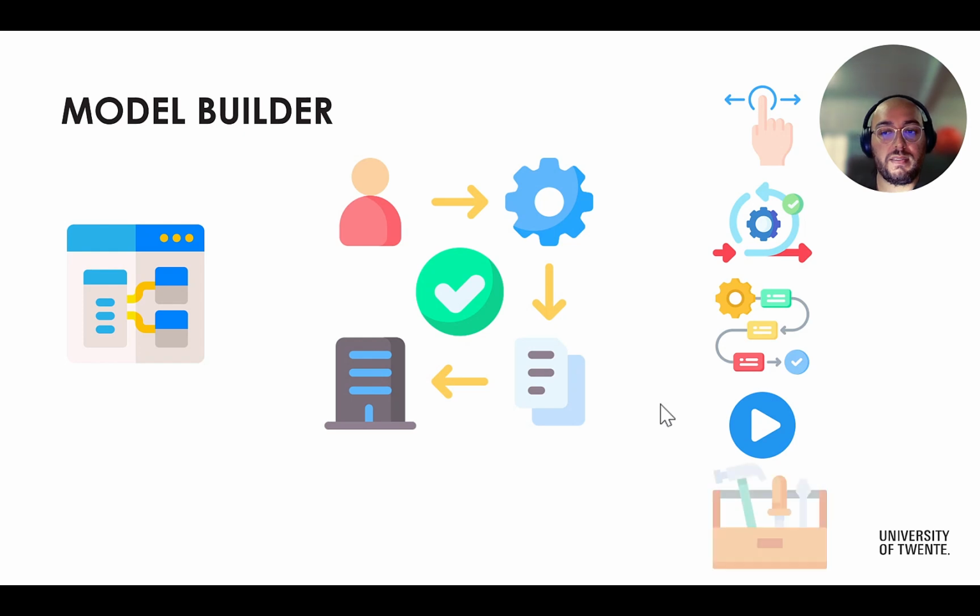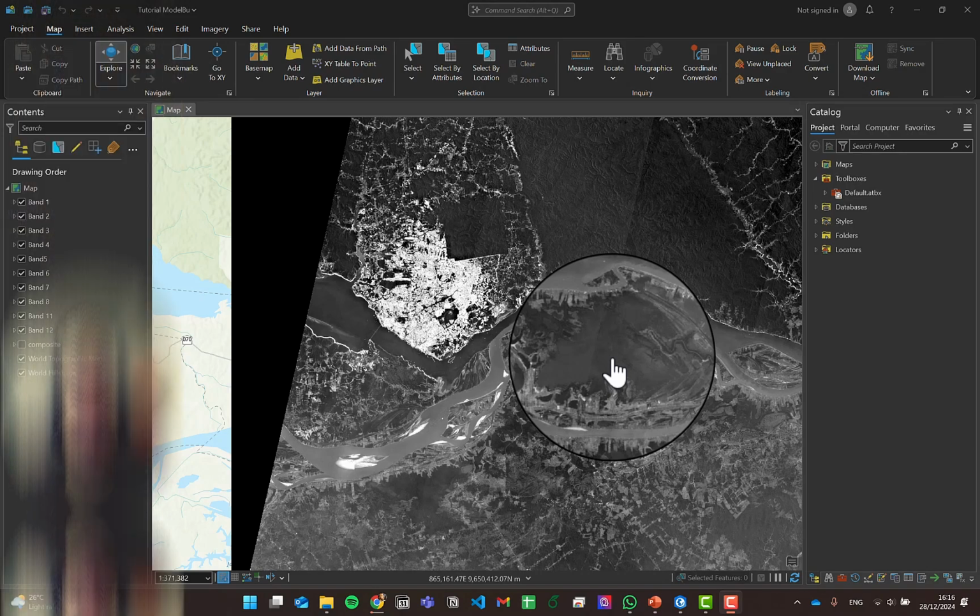The idea is that you can create your own set of tools and not be constrained by the ones that are by default in either ArcGIS or QGIS. You can create your own tools and integrate them into much bigger workflows for your process. So I'm going to show you directly how we are going to build this.